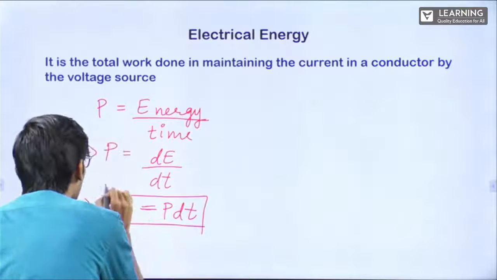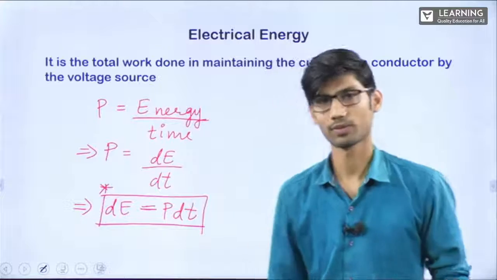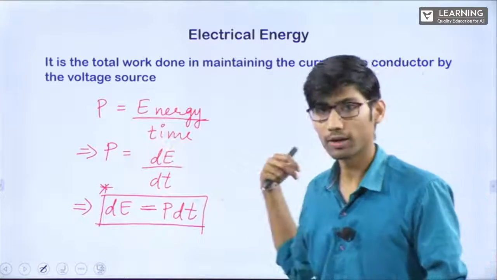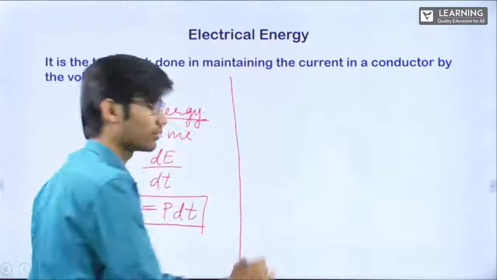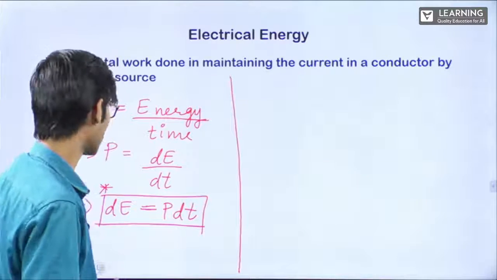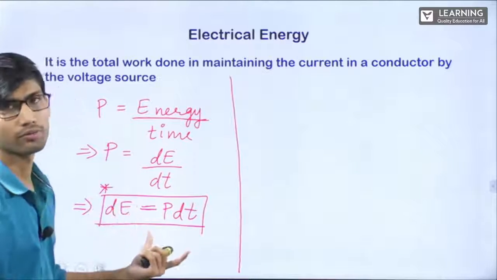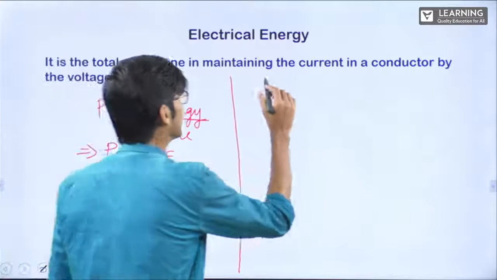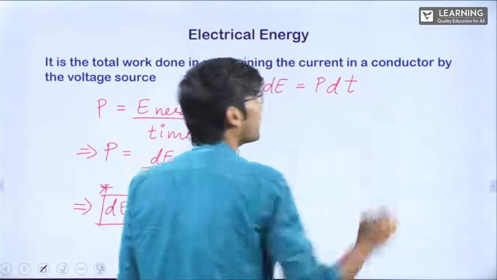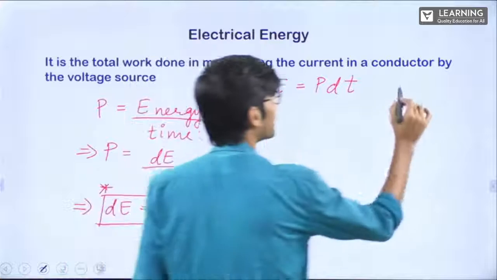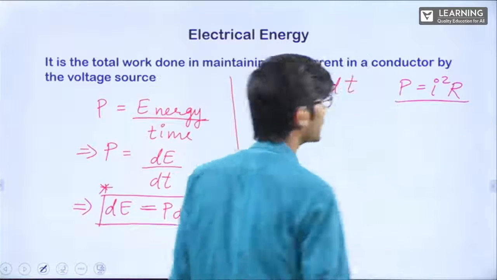Again, this formula is important for the people preparing for their competition. At the end, we will get one formula right now, which is given in your book. For boards, you can use that formula, but people preparing for their competition, I would recommend to remember this particular formula. Why? Understand. See, dE is equal to P dt, correct? Power is equal to I square R, right?